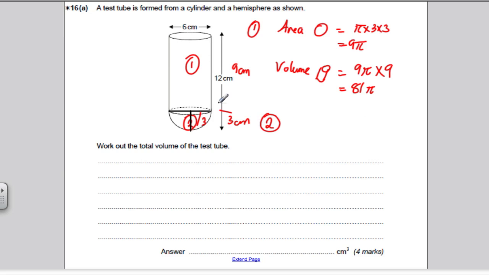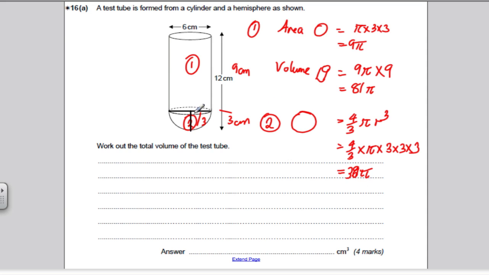Part 2. Well, a whole sphere is 4/3 pi r cubed, which would be 4/3 times pi times 3 times 3 times 3, which would give you 36 pi if you work that out.